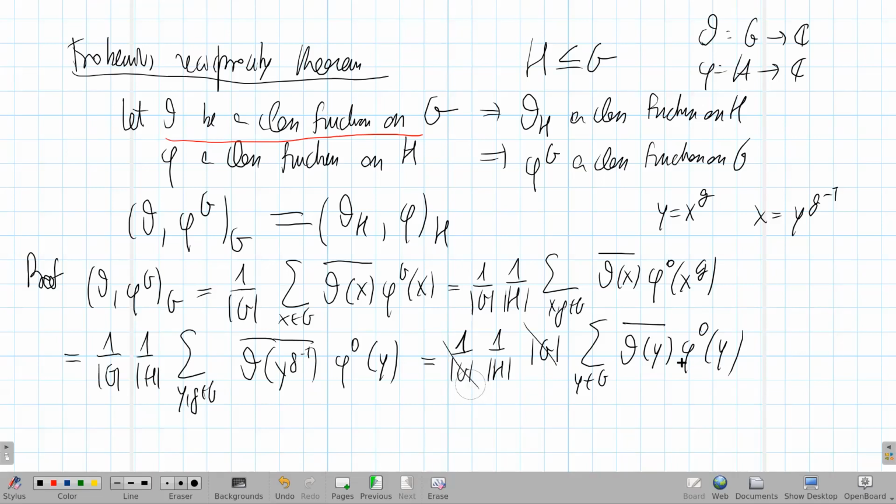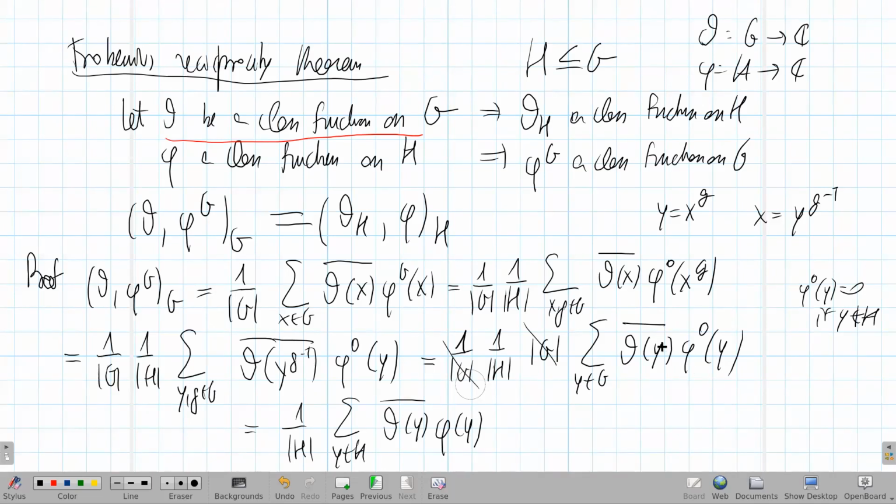But remember that phi naught is simply defined as phi on H and 0 otherwise. So you have a sum over G, but the sum is 0 outside H, because phi naught of y is 0 if y is not in H. So what you have obtained is the sum for y in H of theta of y, and now simply phi of y. Because when y is not in H, this is 0, so there's no contribution.